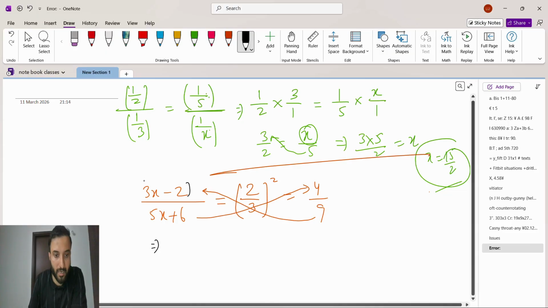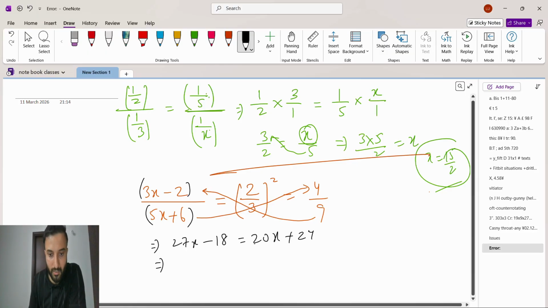So what will happen, cross multiplication will happen. This will multiply, 9 times 3 is 27x, oh my god, how many x here, minus 9 times 2 is 18, equals 4 times 5 is 20x plus 6 times 4 is 24, wow, what a calculation. See this plus 20x will come that side, we will write minus 20x. This is already plus 24, the minus 18 will go that side, will become plus 18.